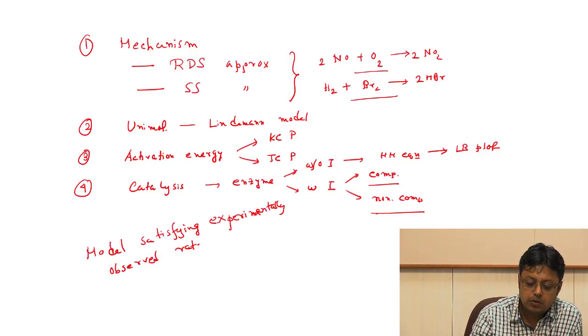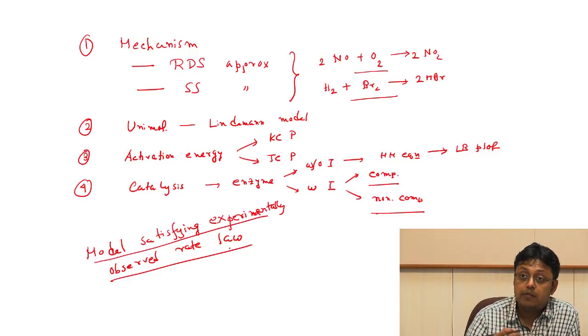So that is known as a mechanism, and you can actually have multiple mechanisms for the same reaction. And once you propose the mechanism, you also have to verify that this mechanism is correct by trapping the intermediates that we briefly discussed.